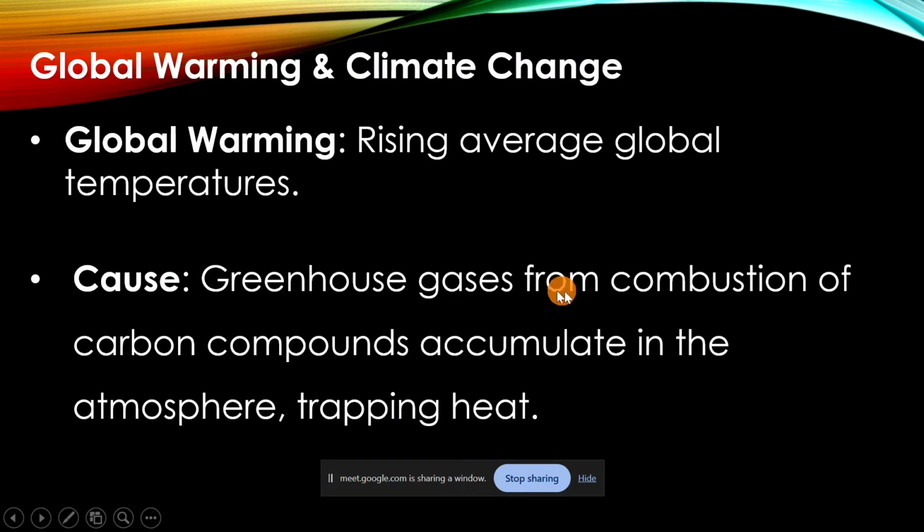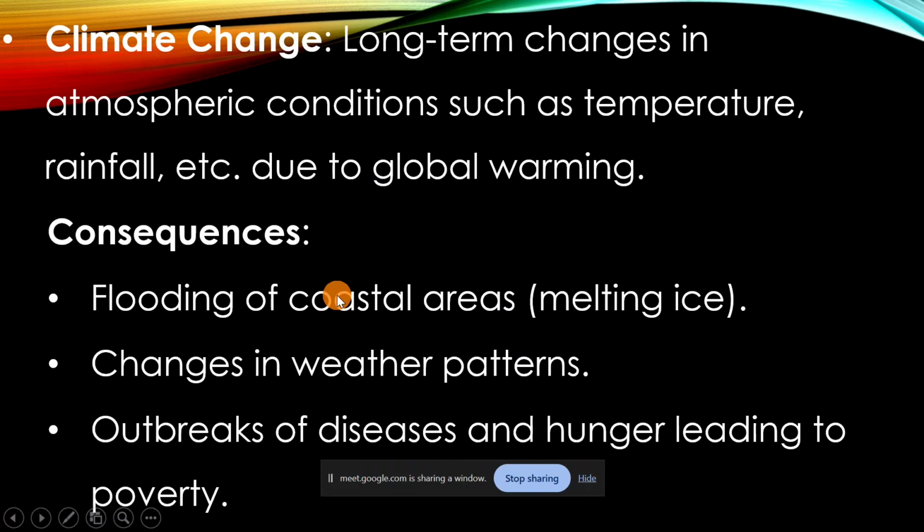So greenhouse gases from combustion of carbon compounds accumulate in the atmosphere, trapping heat. When they accumulate, they trap heat, and that is the heat which causes the earth to warm, causing global warming. Now, let us talk about another effect of chemical industrial activities, which is climate change.